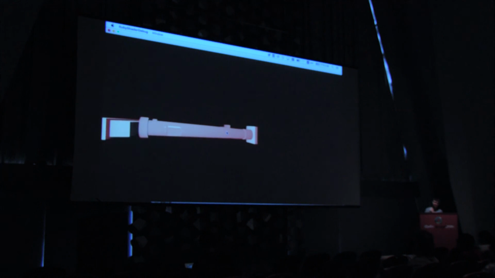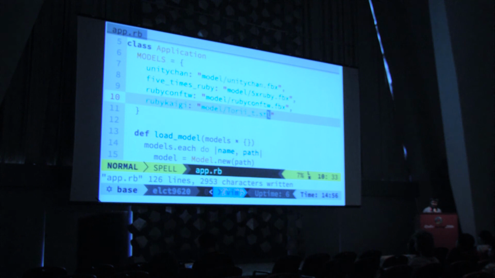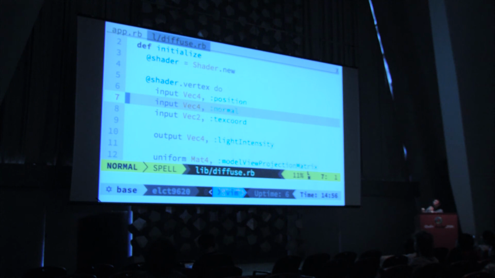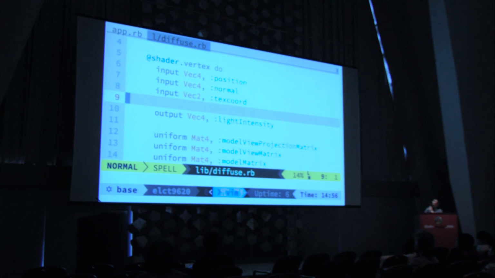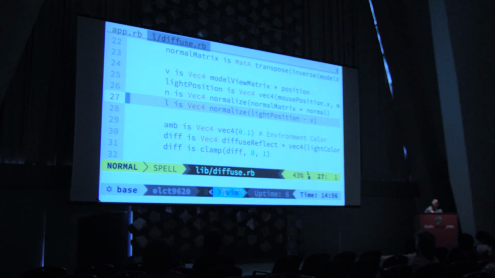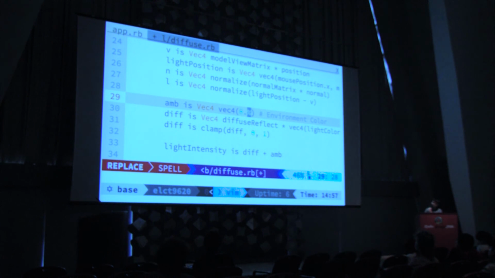And if you want to change the shader effect, you also can do something about the shader. This is my diffuse shader I wrote in Ruby. So if you want to make it lighter, I change the light color.